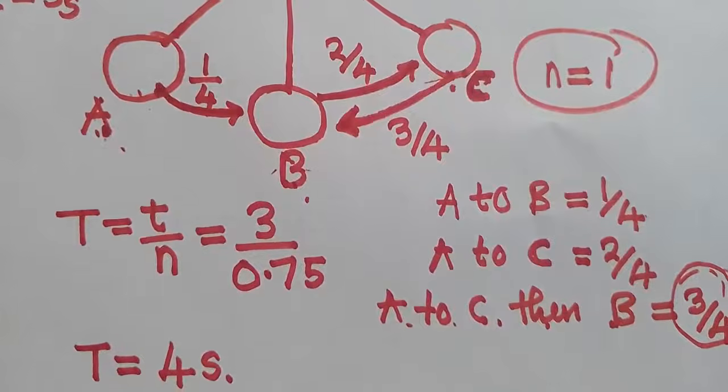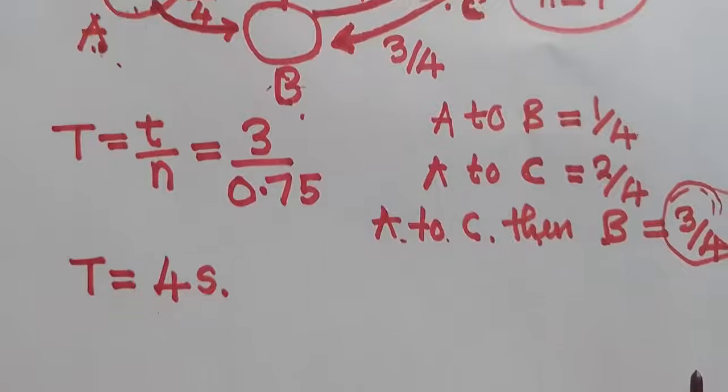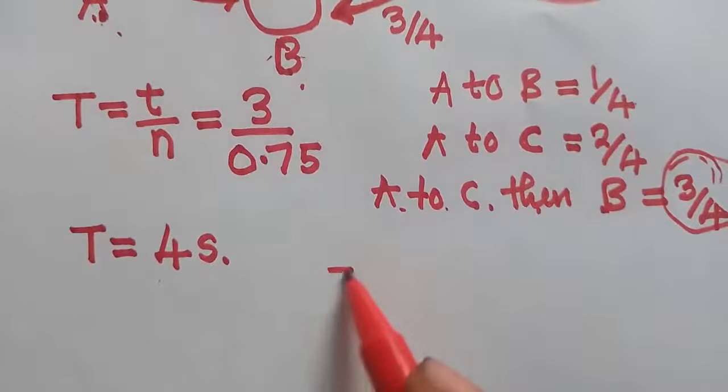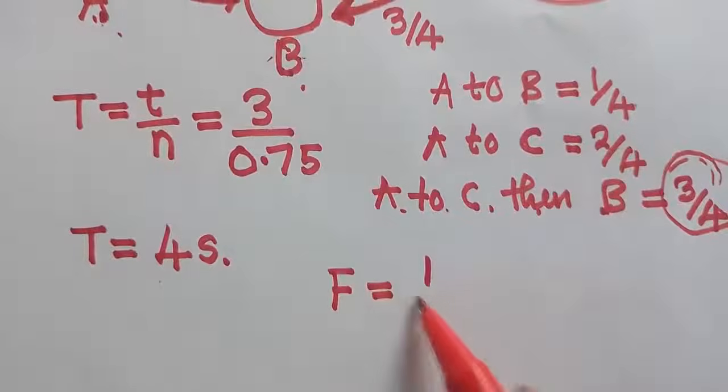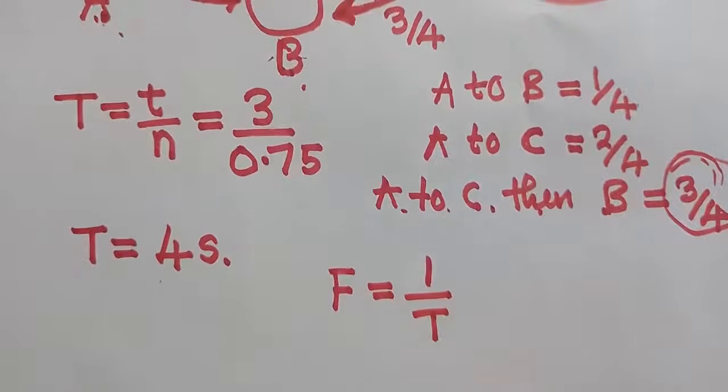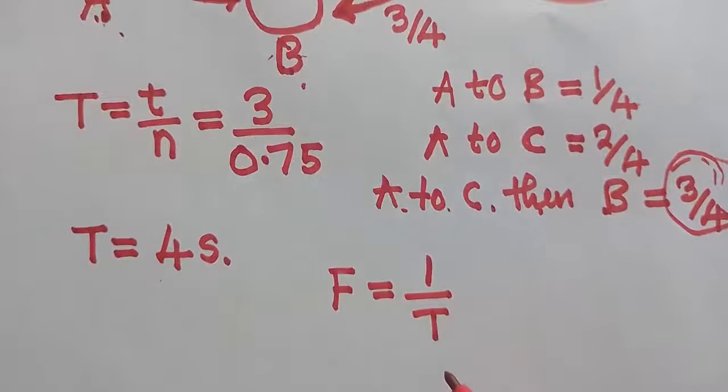So this is what you need to know and understand under period. Then we move to the other question, which was telling us to find frequency. So you just say frequency is equal to 1 over period. Do you have the period? The answer is yes.